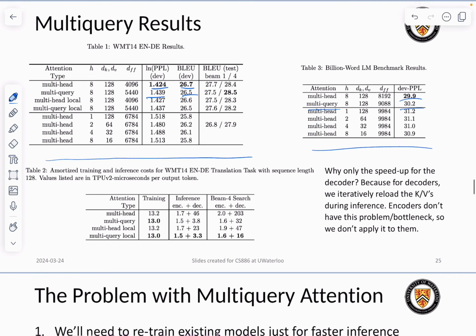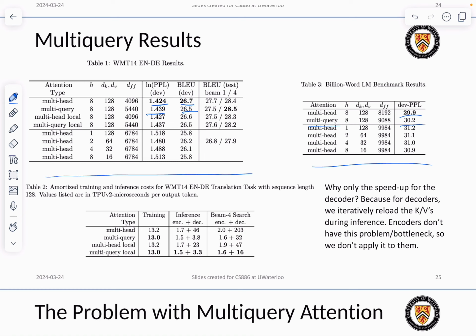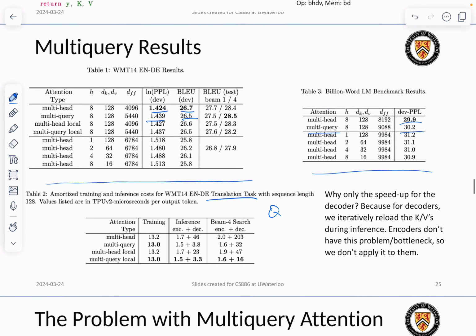And to look at the time that we saved, here again, if you look at the encoder time, it's all around the same, because Q remains the same. This is the translation task, so Q remains the same. It's always going to be "my name is Matthew", so multi-query attention really didn't speed anything up there.